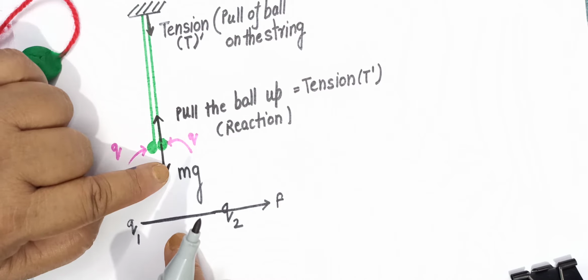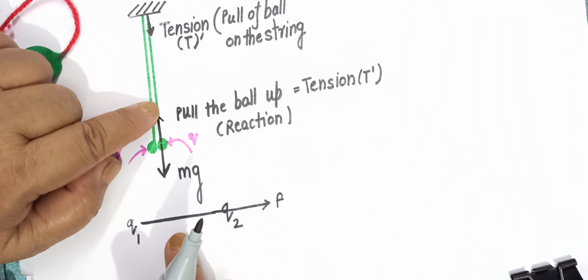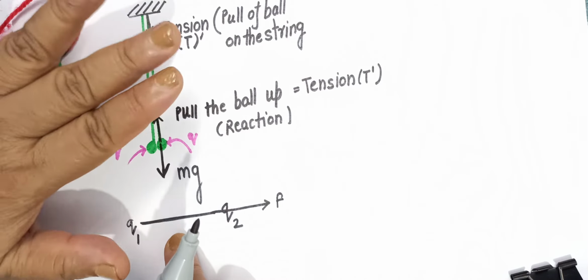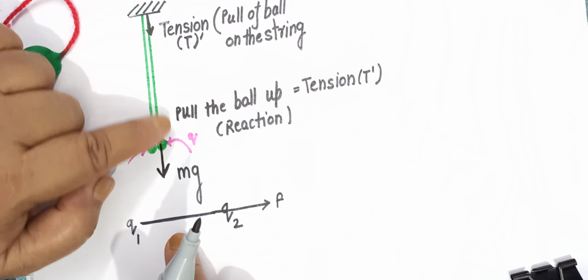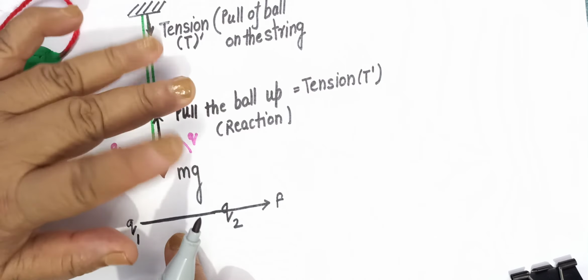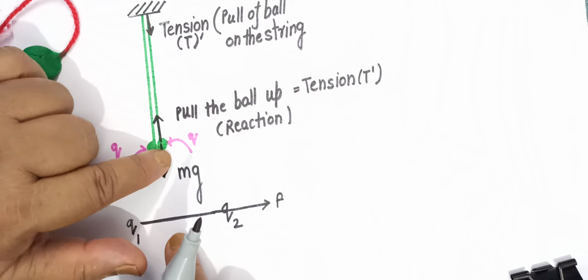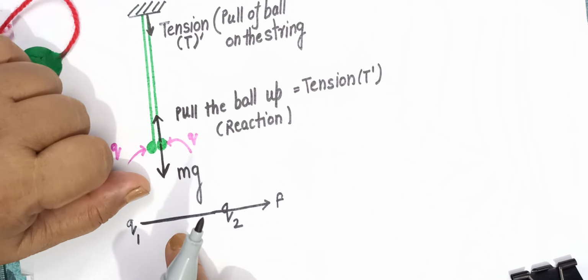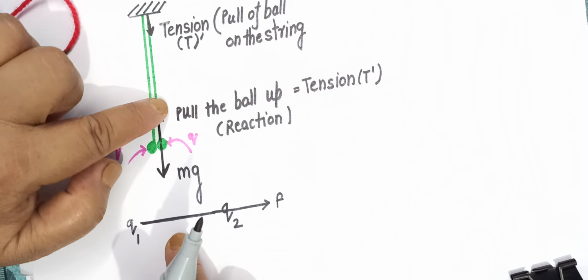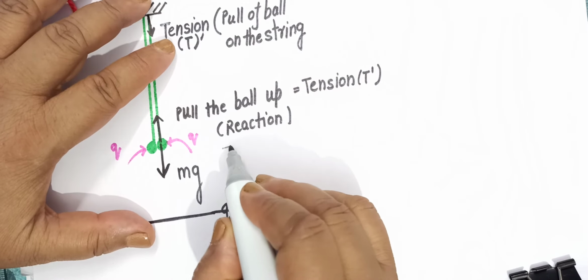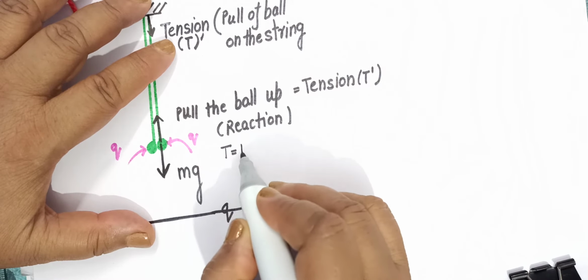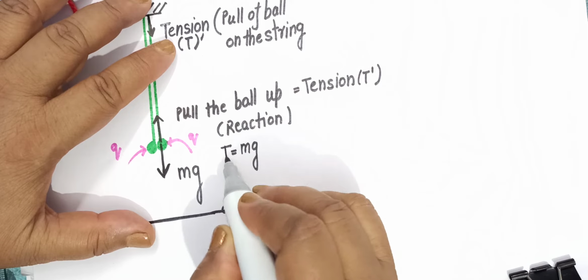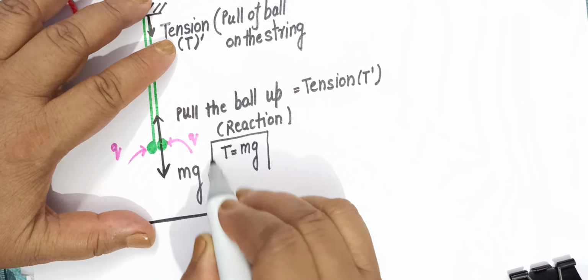One force is vertically downward, one force vertically upward. The ball is at rest. That means the forces acting on the ball are balancing each other and no force is stronger than the other. So tension is equal to weight and the ball is at rest in equilibrium.